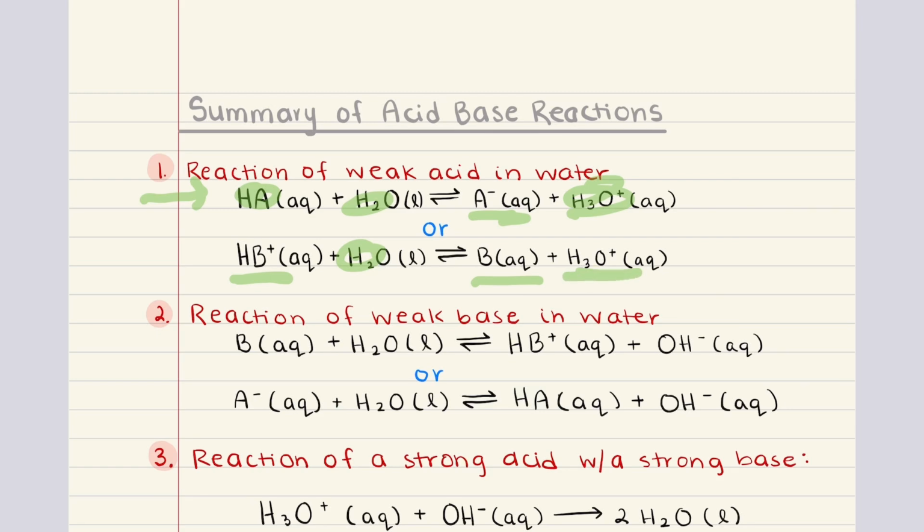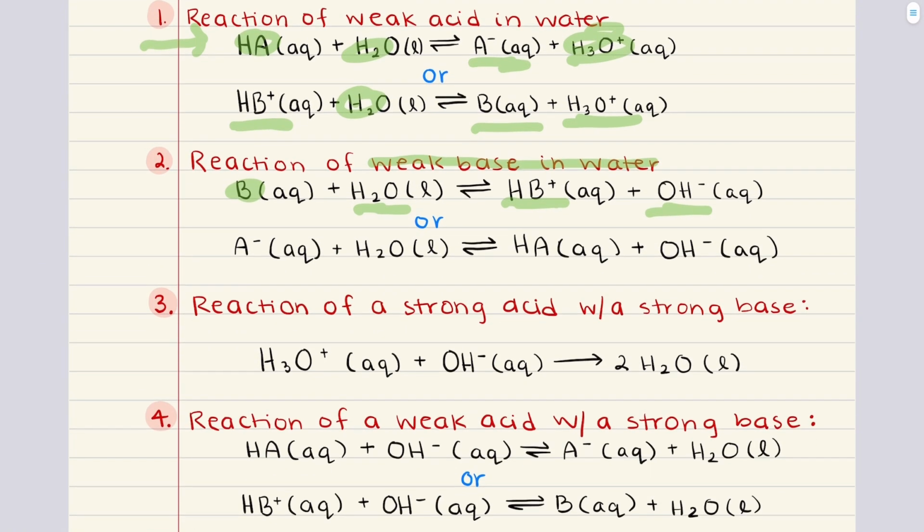The second type is the reaction of a weak base with water. In this case, the weak base reacts with water by accepting a proton and forming its conjugate acid and the hydroxide ion. Alternatively, a negatively charged weak base can react with water to reform its corresponding weak acid and produce hydroxide ions.